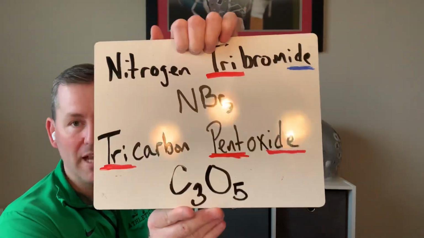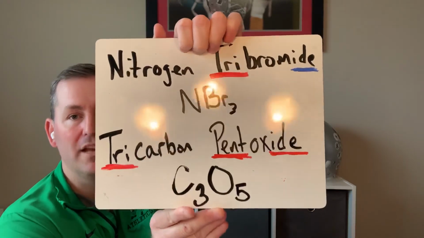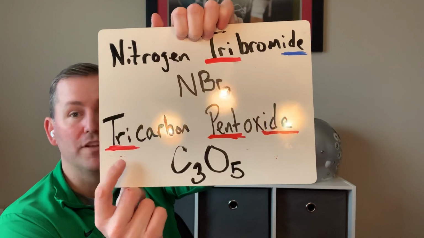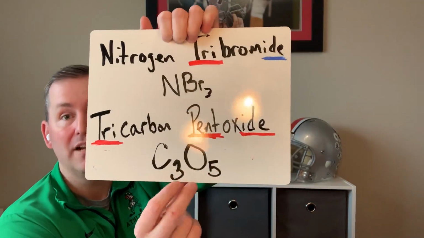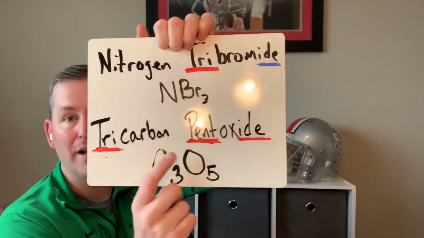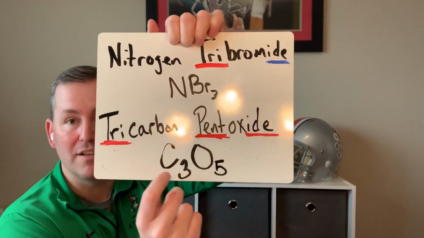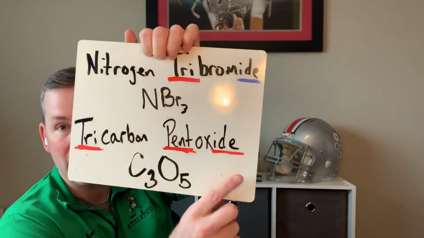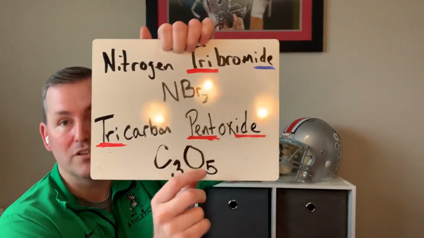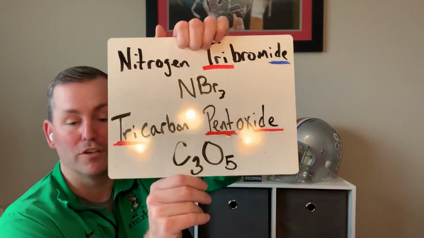The prefixes tell us what we're putting in as far as our subscripts. If this wasn't tri, if this was dicarbon pentoxide, this would be a 2. If this was just carbon oxide, it would just be C. Actually, it would be carbon monoxide, CO. We want to put the mono on the end of this one, always on the second one, but we don't put it on the first one.